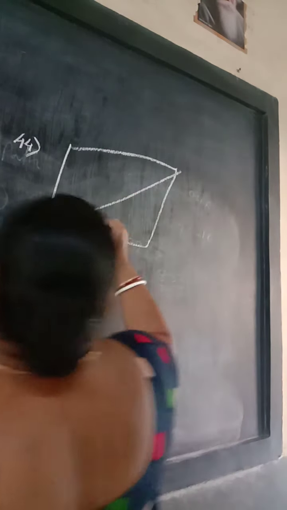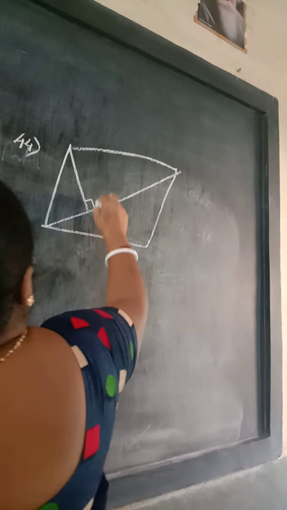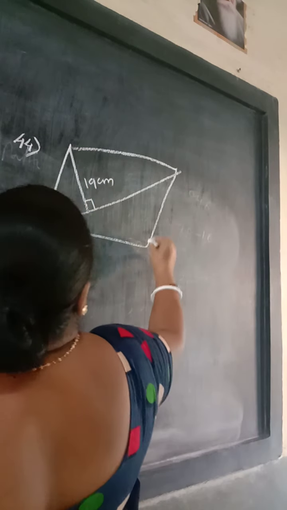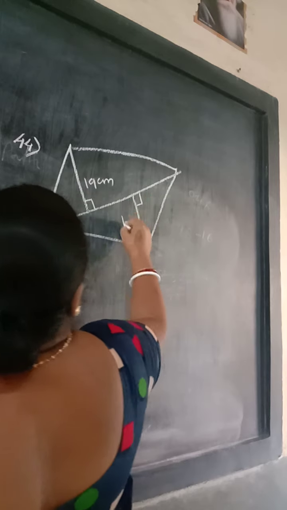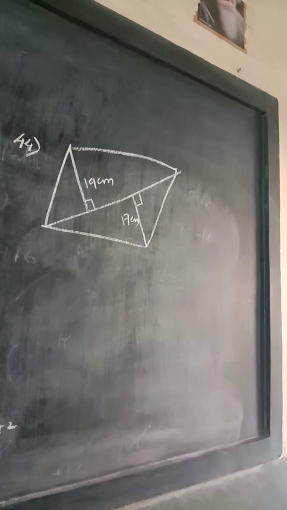This diagonal I don't know. This perpendicular is 19 centimeters and this perpendicular is 17 centimeters.